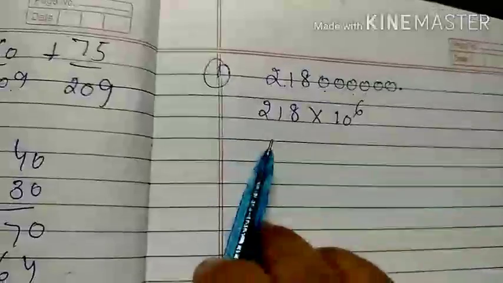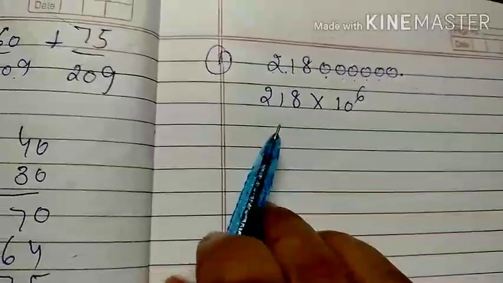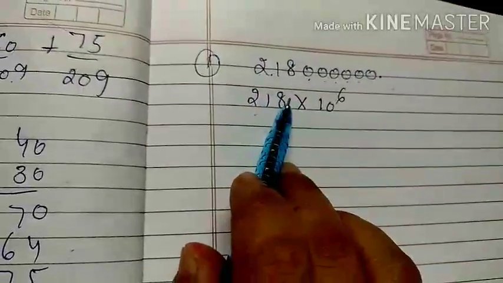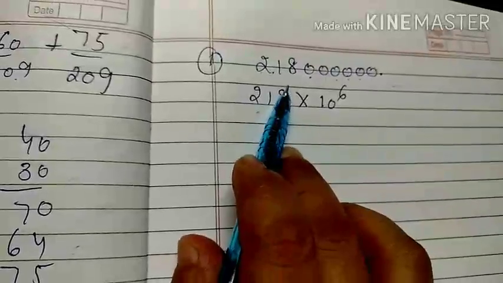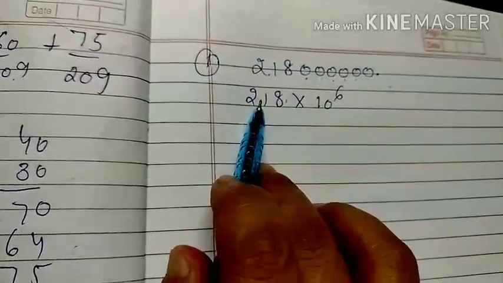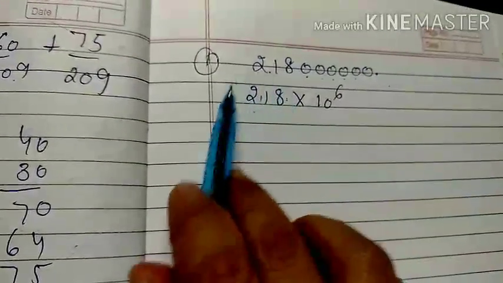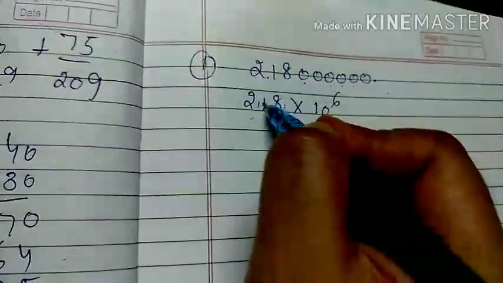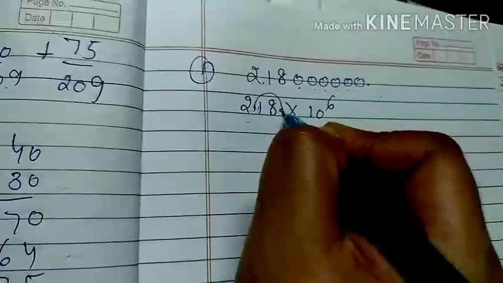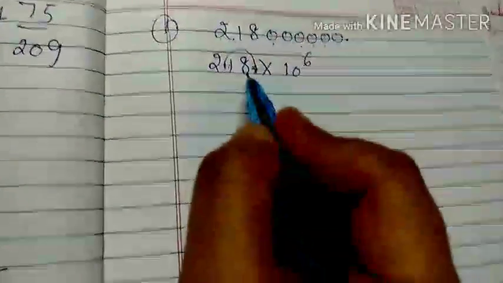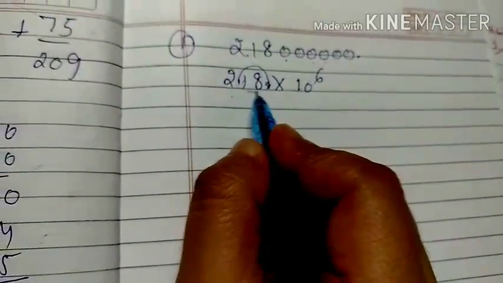Still it is not a standard or scientific form, because the decimal place is still here after 8. I want to shift it to this place because there are a total of 3 digits. So between that position there are 2 digits.